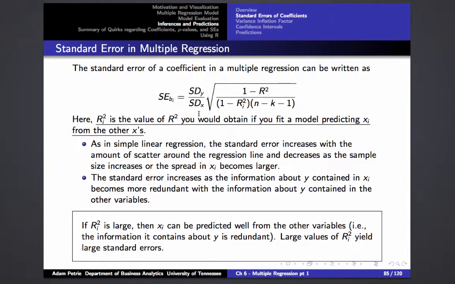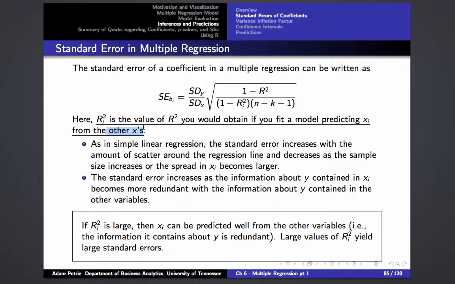Okay, the equation for the standard error in the multiple regression context looks like this. It's actually the exact same formula except with this additional term right here. It involves 1 minus r sub i squared. What is this r_i squared? Well, r_i squared is the value of r squared that you would obtain if you fit a model predicting the variable xi from the other x's in the data set.